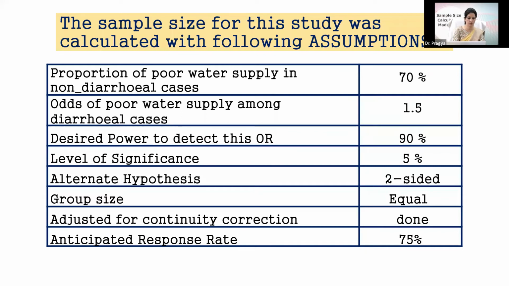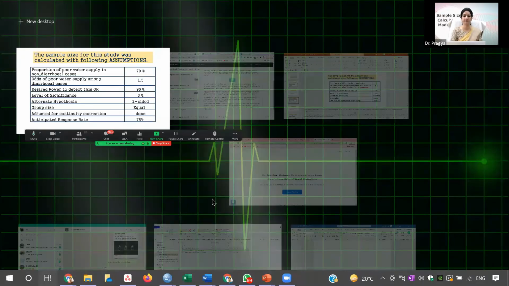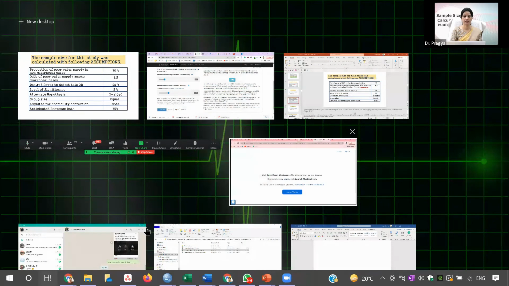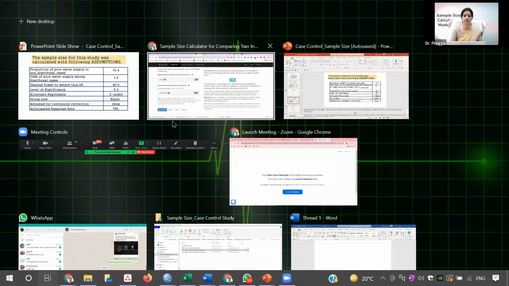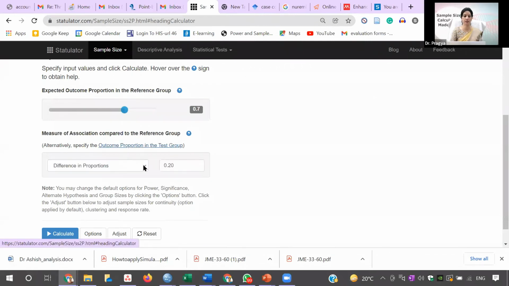Or I also can do it simultaneously. Why waste time? So I'll reset this. In the first case, it is 70%, so it will be 0.70. And in this case, it is 1.5. So I will take measure of association because it is saying the odds ratio. So 1.5 is the odds ratio.